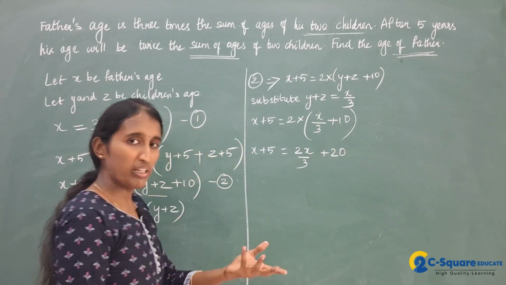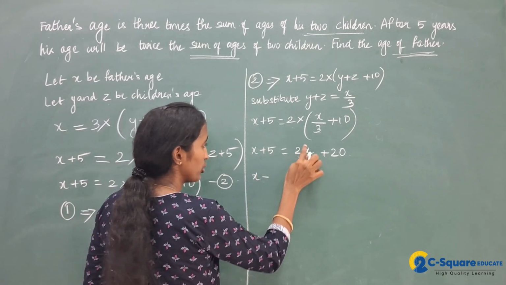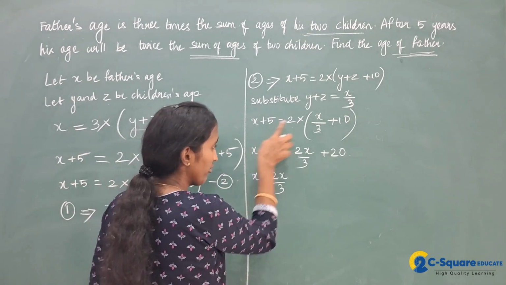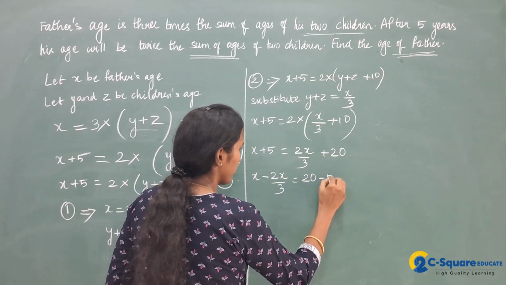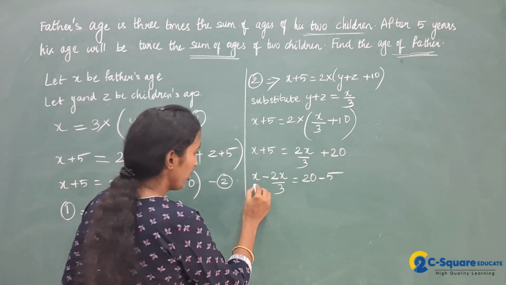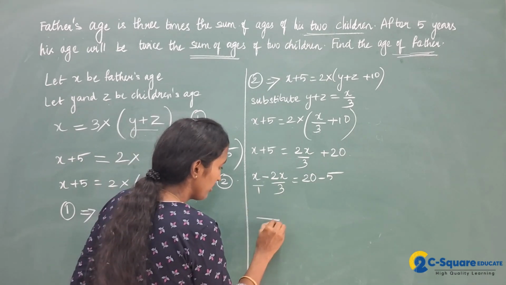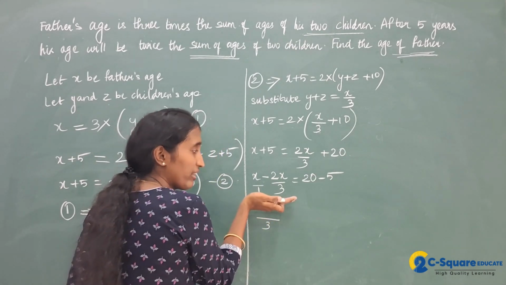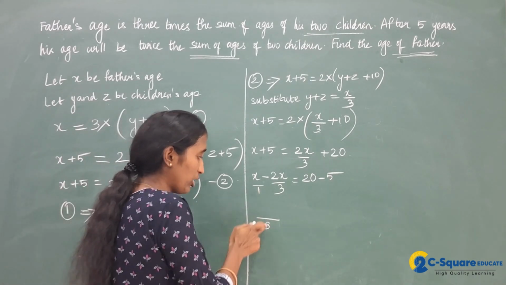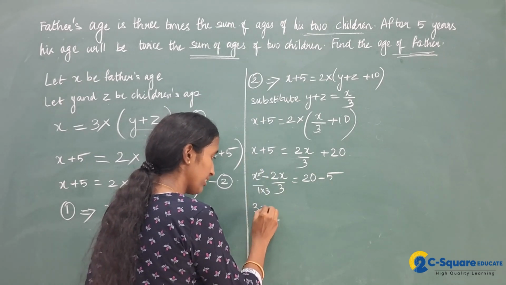So let's rearrange, bringing all the unknowns to one side and constants to the other side. X minus 2X by 3 on this side, and plus 5 goes to the other side, becoming 20 minus 5. How will you solve this? We need to take the LCM. The LCM of 1 and 3 is 3, so we make it a common denominator. How will you convert this 1 to 3? 1 into 3, so the numerator also into 3, giving 3X.